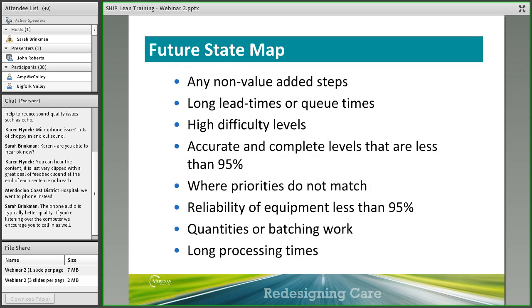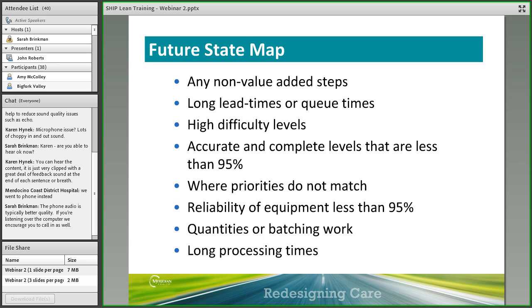She does her vitals and takes the chief complaint, which takes about 5 minutes. There's 15 minutes of wait time before the physician gets in, and so on and so forth. So again, we're mapping out the flow of this particular patient through this process.